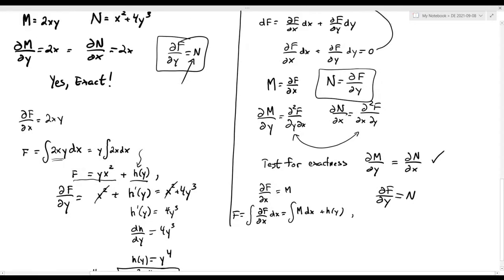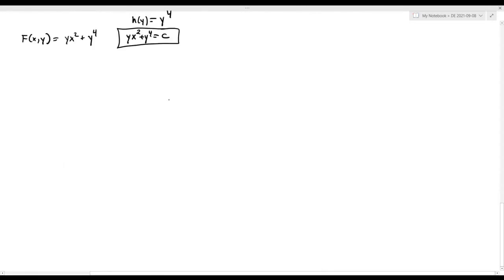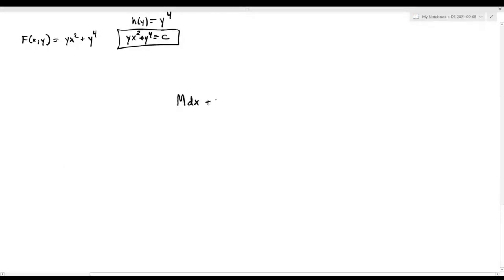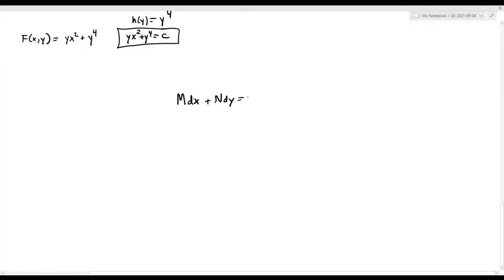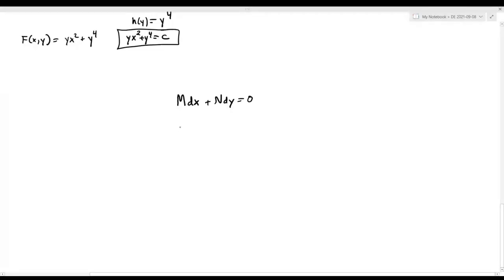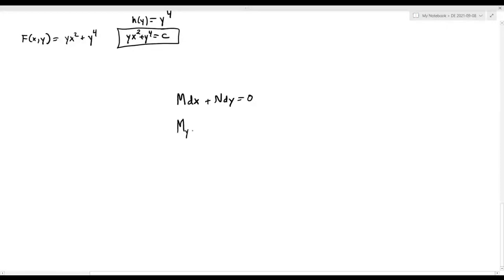To summarize, we had a first order differential equation written in this differential form. You identify m as the thing that multiplies dx, and you identify n as the thing that multiplies dy. You check for exactness, so the derivative of m with respect to y should be the same as the derivative of n with respect to x.